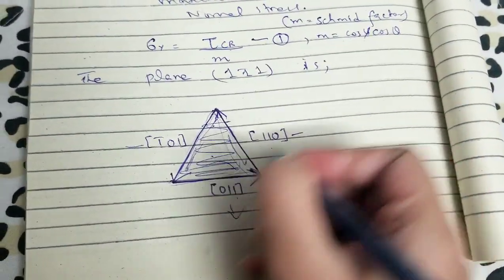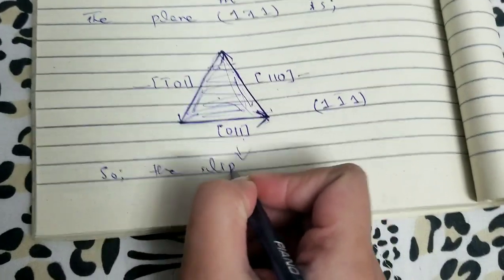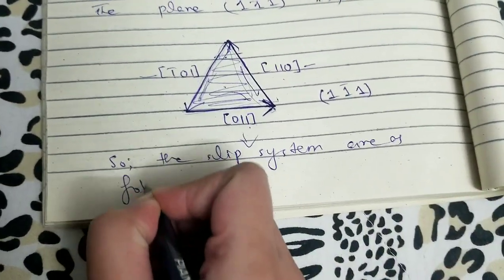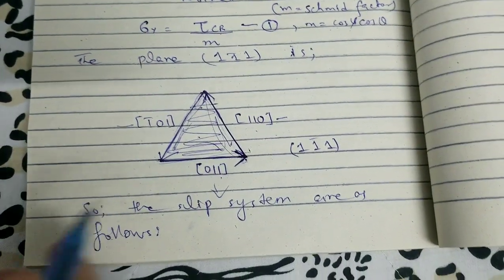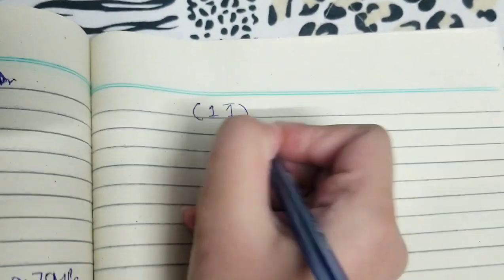So the slip systems are as follows. As I explained here, there will be 3 slip systems corresponding to a single plane, and they are for the plane 1 1 bar 1.